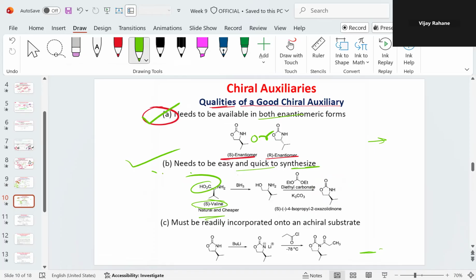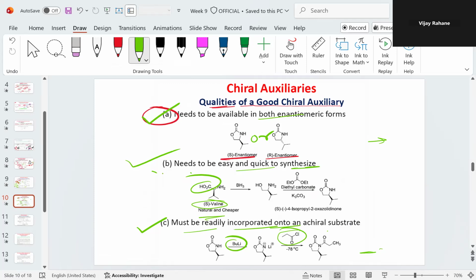The third important parameter is that the chiral auxiliary should be readily incorporated onto the achiral substrate. In the two examples that I showed earlier, it was just a butyllithium addition, followed by which we can directly and quickly add that chiral auxiliary onto this carbonyl center. So it should be very readily incorporated into our system.